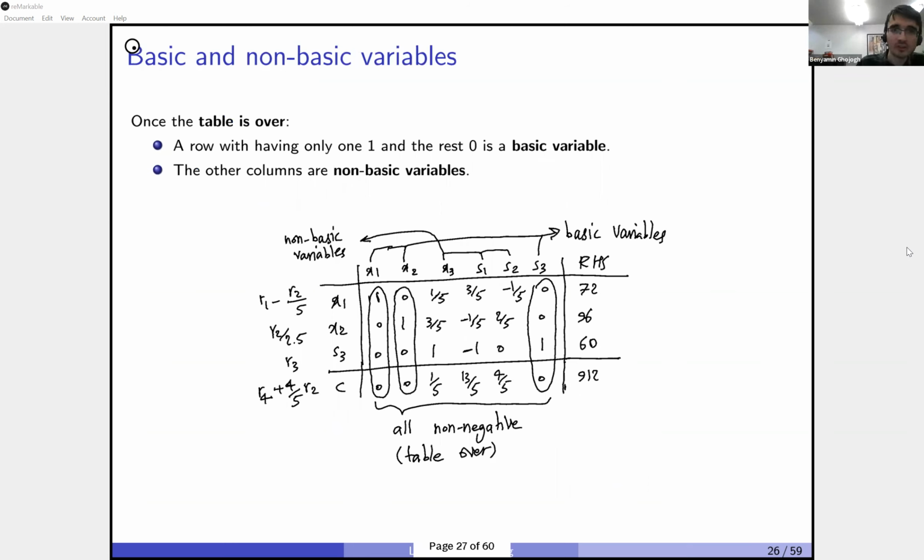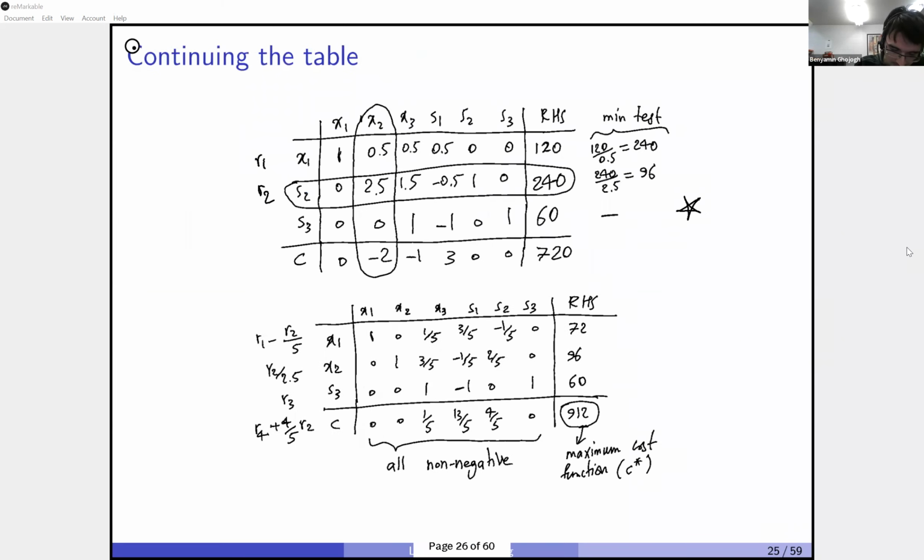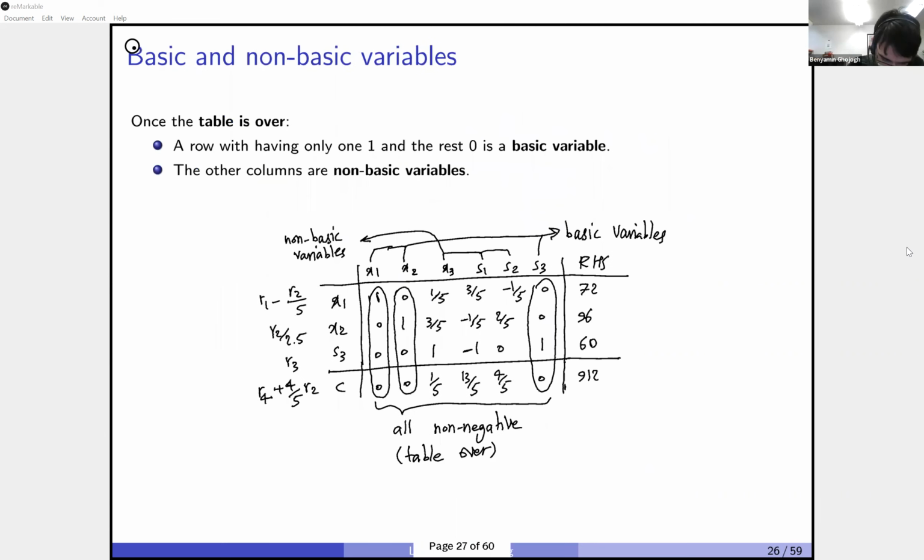Once the table is over, by the way, when I did all of these, again, I replaced S2 with X2 here. As I said, don't forget that. And now you can see that, sorry about that, each column having only one, and the rest 0 is the basic variable.